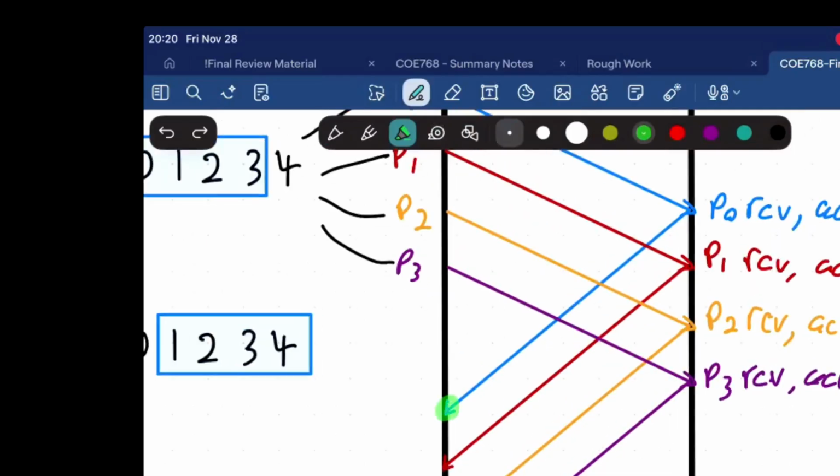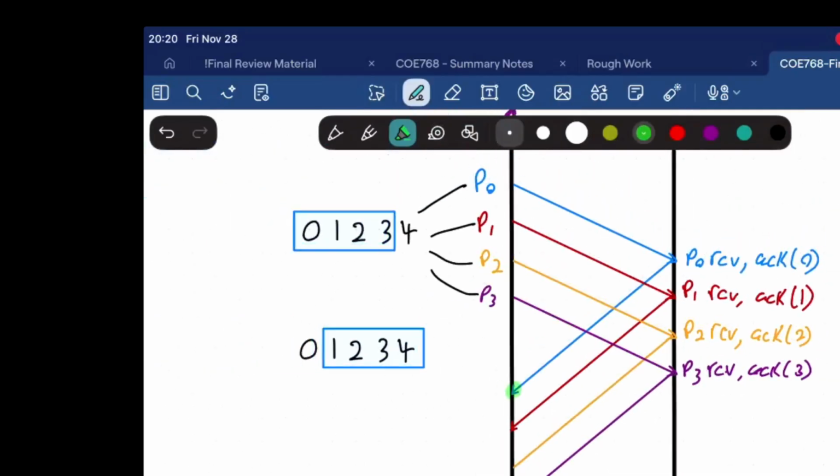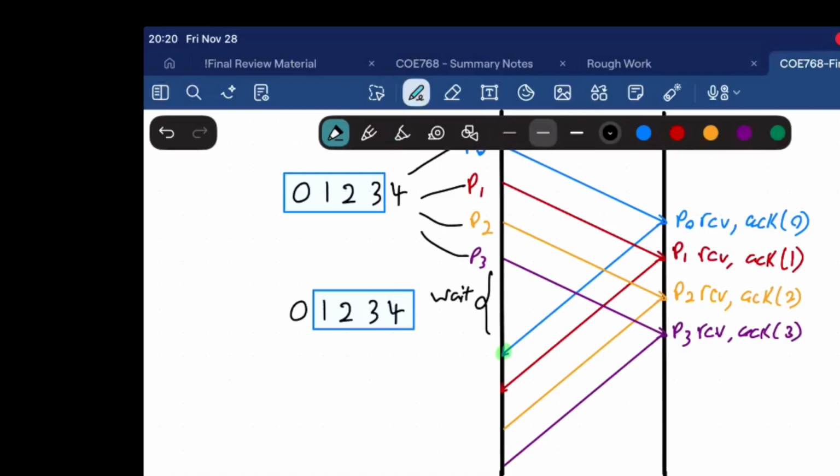At this point here, we are clear to continue on with the next packet. So this is our waiting time. Wait for acknowledgement of 0 to come back. And once this has arrived, we can go from here.